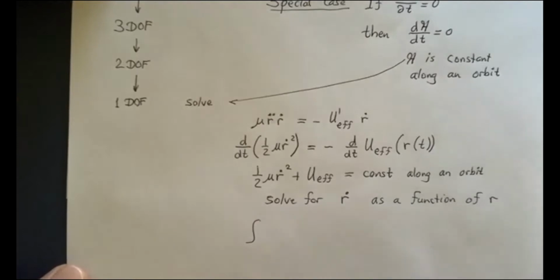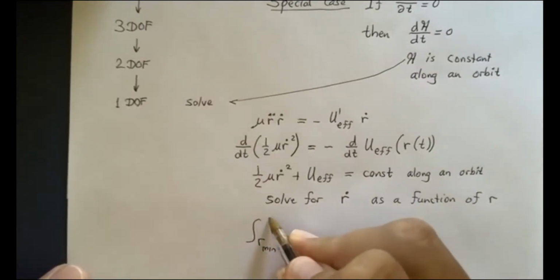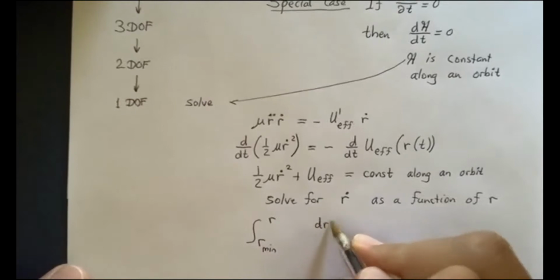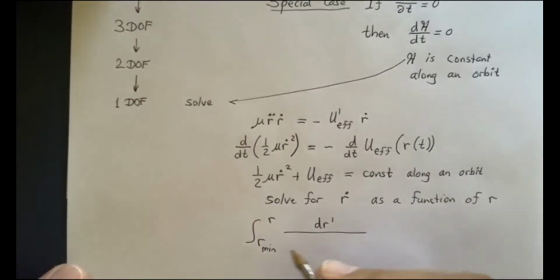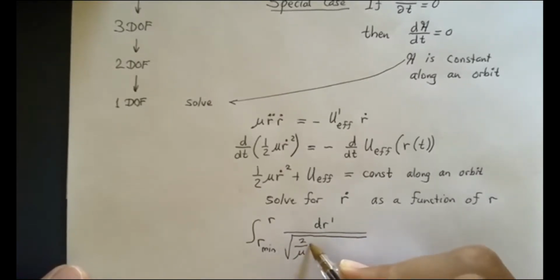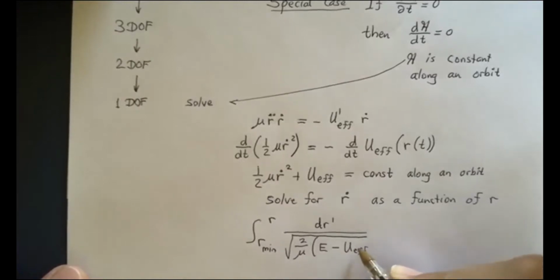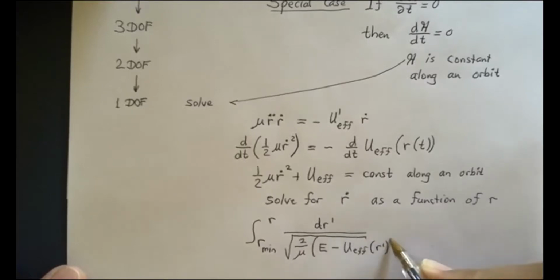Last time we talked about the turning points, right? There are two classical turning points. So R min to R. And what is this?